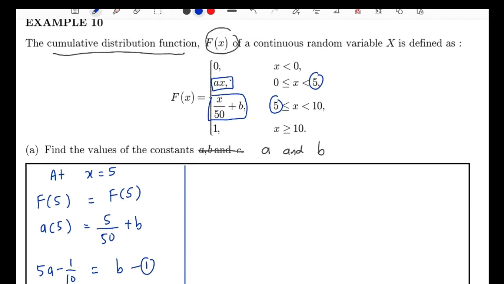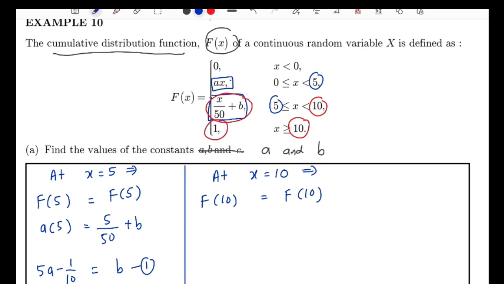So to get the other equation, I'm going to make x equal to 10, which means at x equal to 10, F10 equal to F10, which just simply means x over 50 plus b equals 1.